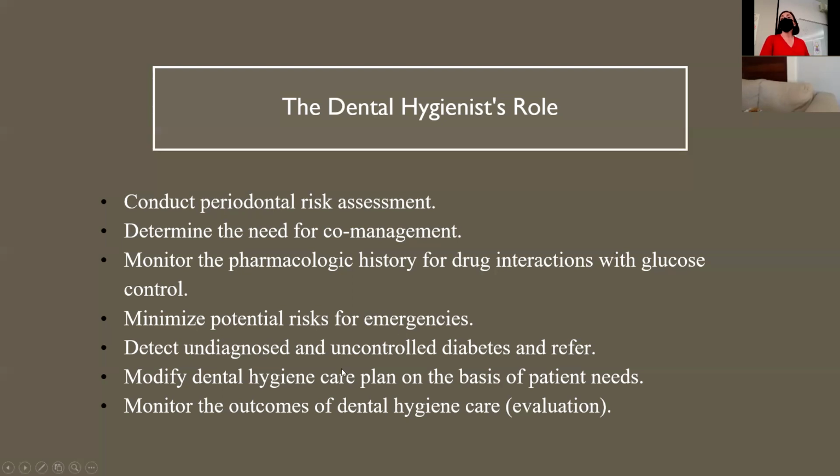And then we might need to modify our treatment because they shouldn't be seen if they have uncontrolled diabetes. And then we want to evaluate their progress. They might not respond like we think they should. After we do scaling and root planing, we might not see the kind of results that we think we should see. And so that might lead us down different paths in helping them with their overall disease status.